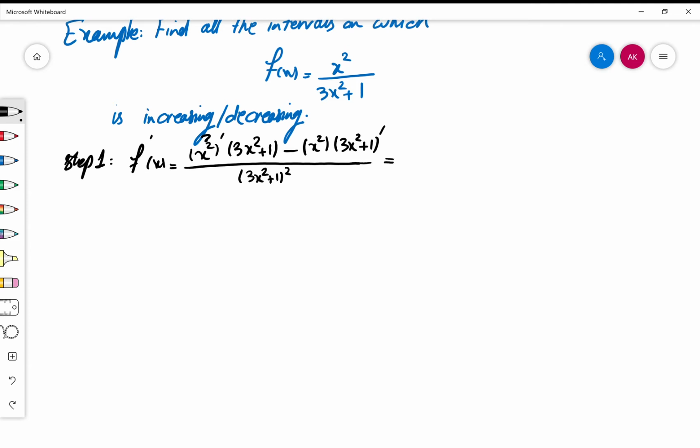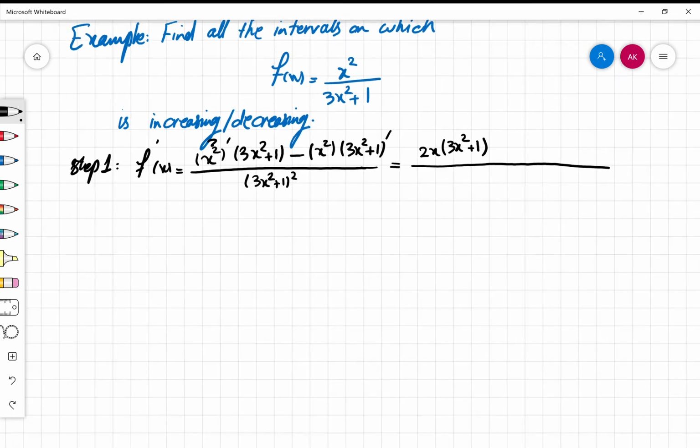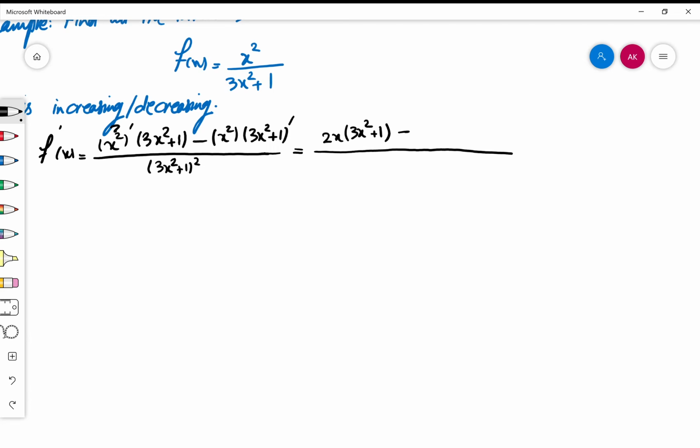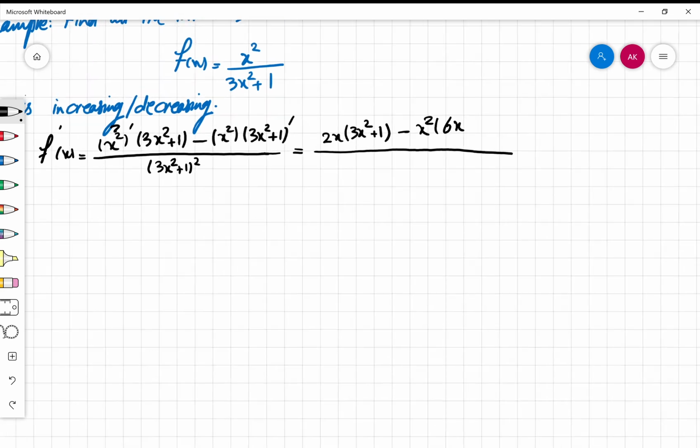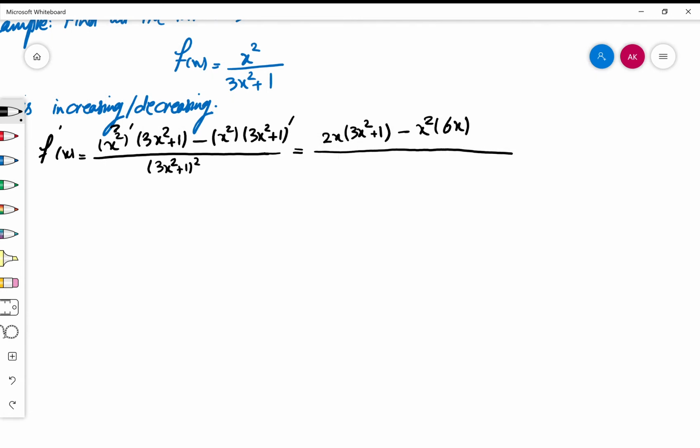Well, what does this give me? So this will give me 2x times 3x squared plus 1 minus x squared times 6x, and then 3x squared plus 1 squared.